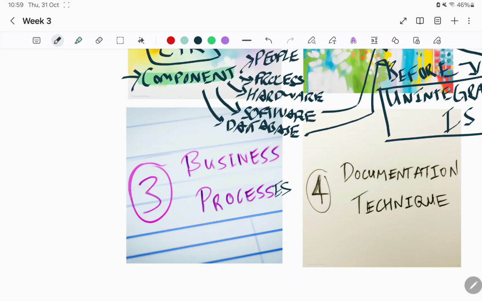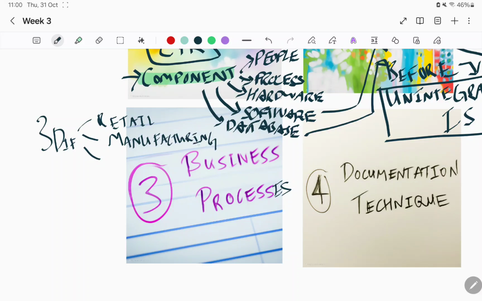Over here we focus on three different types of businesses, right? Which is retail, manufacturing, and services.